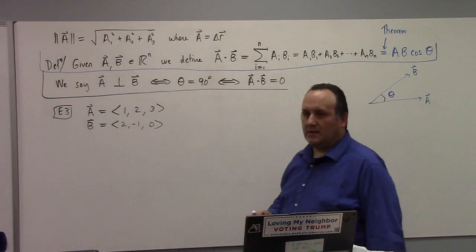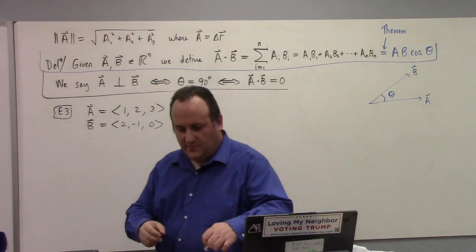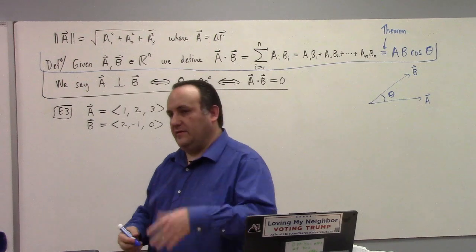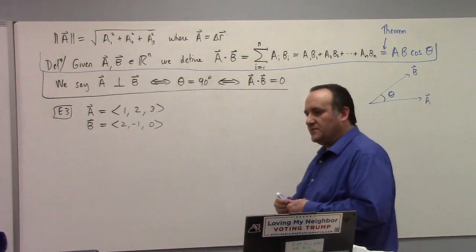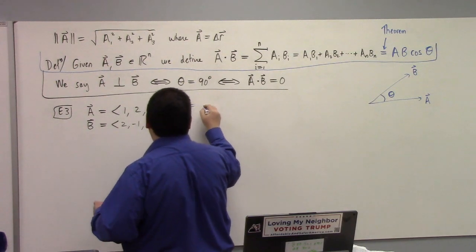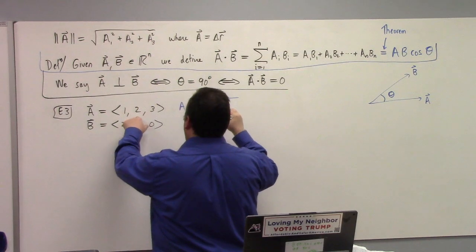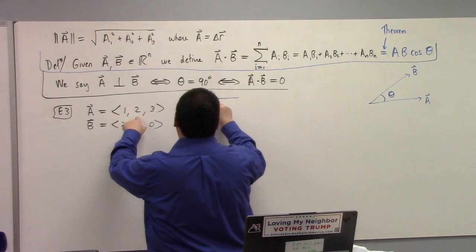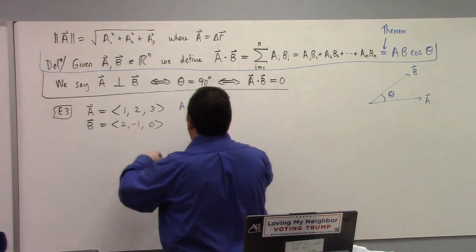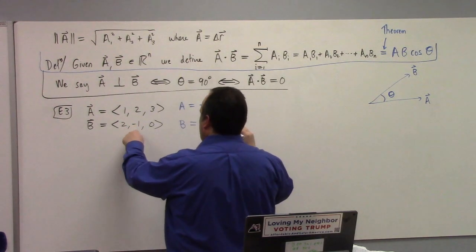Let's calculate the magnitude of A, the magnitude of B, the dot product, and find the angle between these vectors. So what's the length of A? The square root of 14, right? And what's the length of B? 4 plus 1, square root of 5.